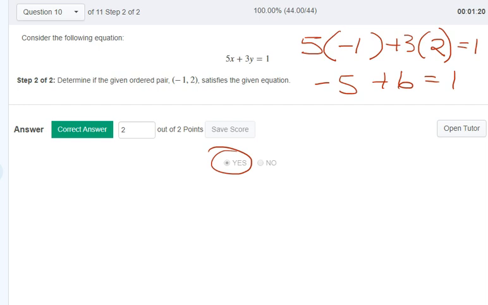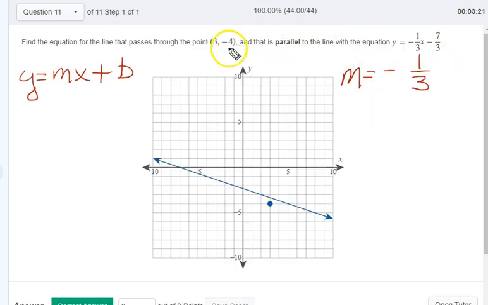So some easy ones. Now for this one, we're asked to find an equation of a line that is parallel to this equation. So this is in slope-intercept form, and we know the slope then is a -1/3. So if we use slope-intercept, and we know the slope is a -1/3, and we know that we want it to go through a 3, -4, if we multiply this one by a 3 for the x here, and our y is going to be a -4, we're just substituting into this equation.